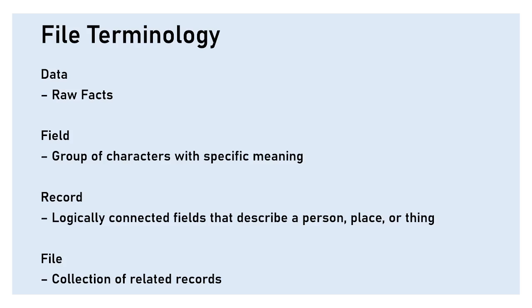I think I have an example also, so that I can show you. Then we have the record, which is logically connected fields that describe a person, place, or thing, and a file is the collection of all related records. You have to remember that these terms are still being used in the GIS file system, but mostly not in databases. I don't think it's used.